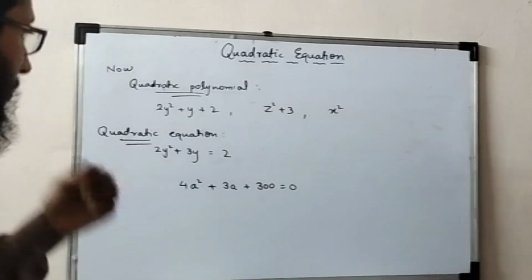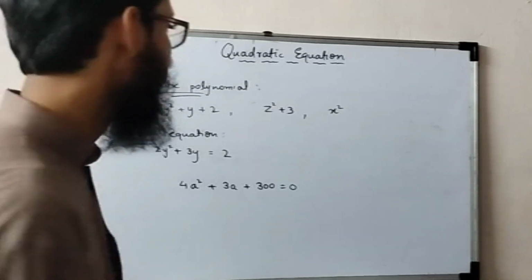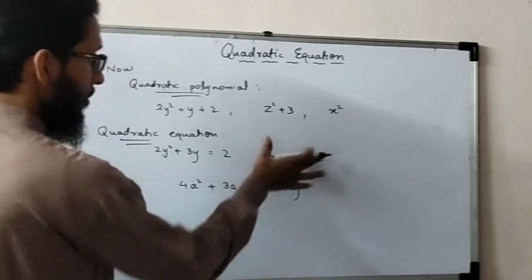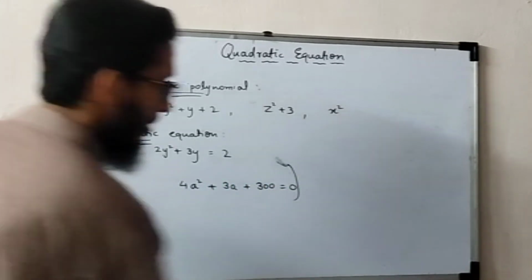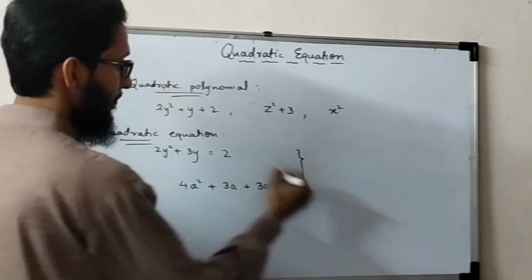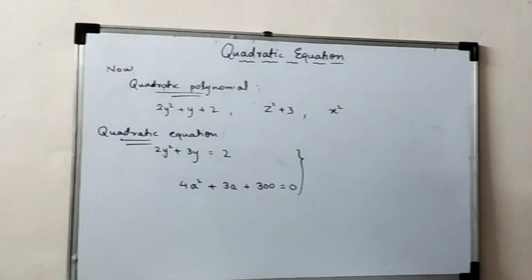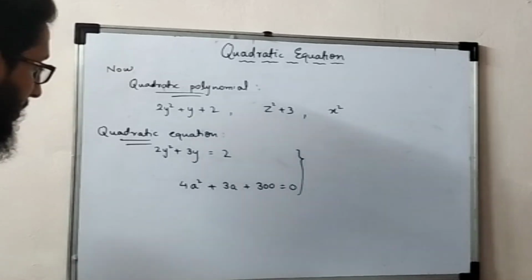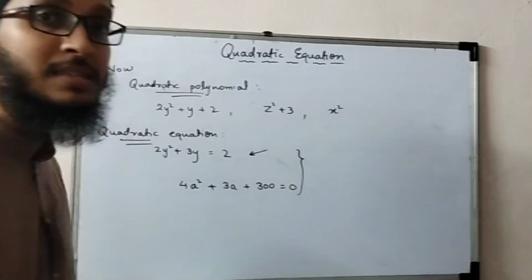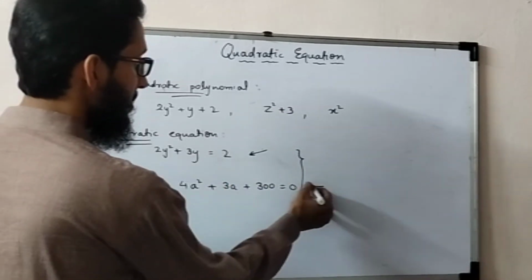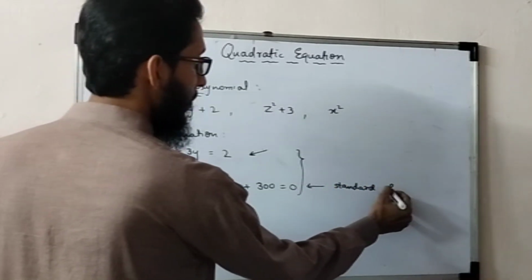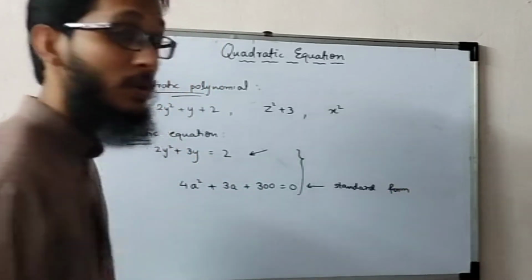Therefore, this is a quadratic equation. Now what is the major difference between these two? If I say that this equation is not in the standard form and this equation is in the standard form, then what does standard form mean?